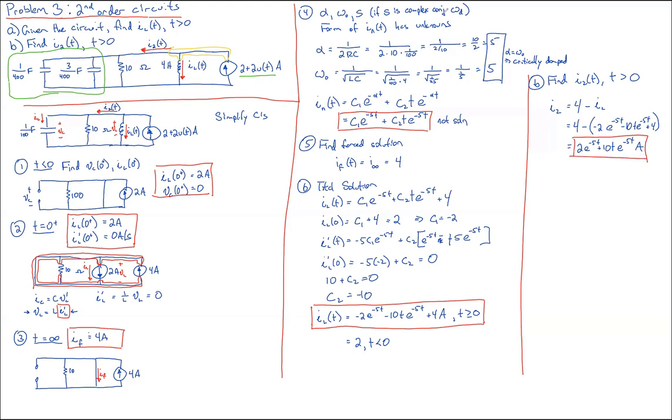And in the same vein of oversolving and finding more than we're asked to find, this is true for time greater than 0. If we wanted to, we could find what it is for time less than 0 too. Just by inspection, when we're looking at time less than 0, all of this 2 amps goes through I sub L. None of it goes through that wire.